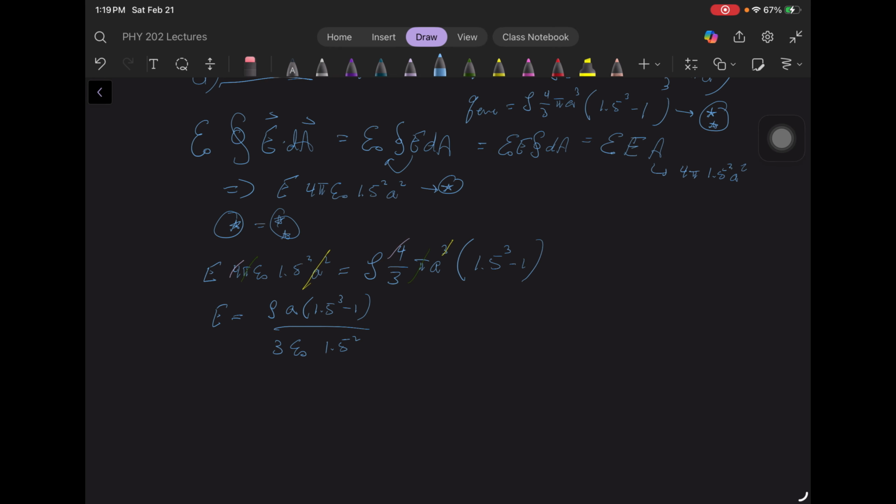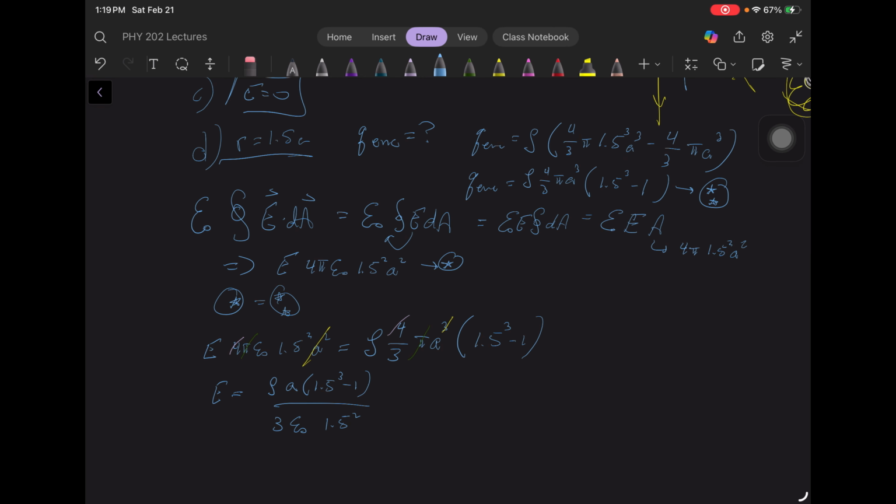This is part D. And so we can go ahead and start plugging things in: 1.84 times 10 to the negative 9 coulombs per meter cubed, times 0.1 meters, times (1.5 cubed minus 1), over 8.85 times 10 to the negative 12 farads per meter, times 1.5 squared.